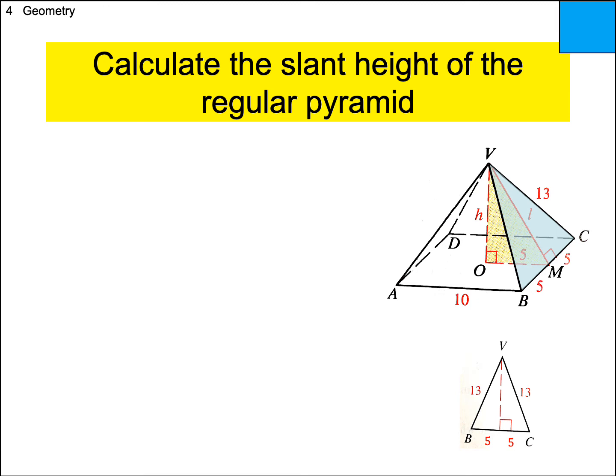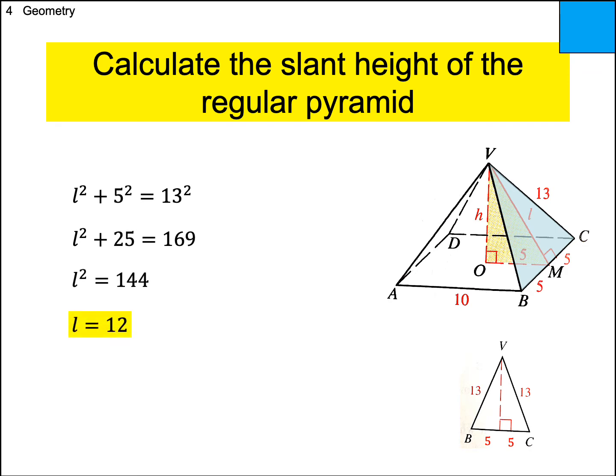We can do that now because I have 2 right triangles and I have 2 of the sides. I can just use the Pythagorean theorem, and that would be L. So the dotted line and the line L are one and the same. Can you see that? We just need to apply the Pythagorean theorem to this. I won't bore you with the details, but you do the Pythagorean theorem and find that the slant height for this one is 12.